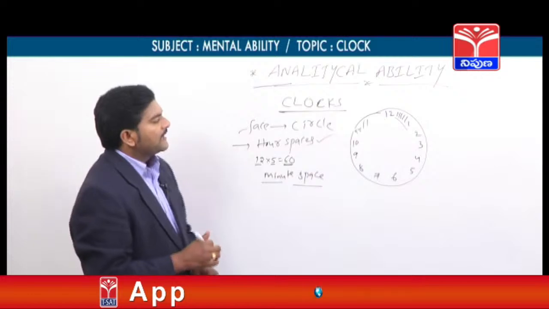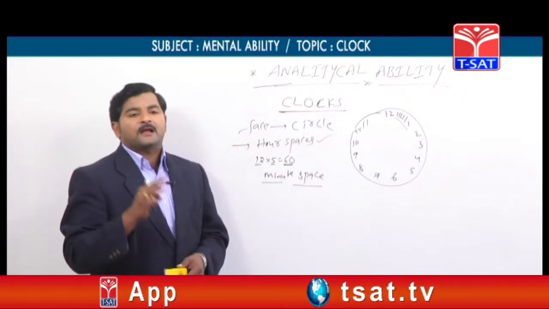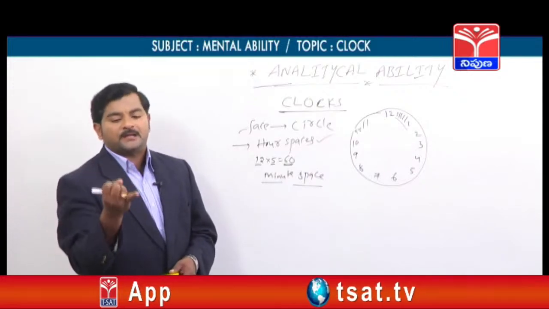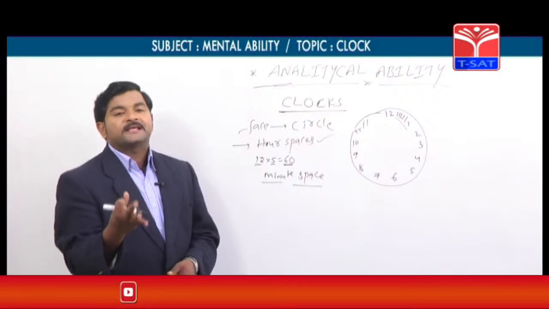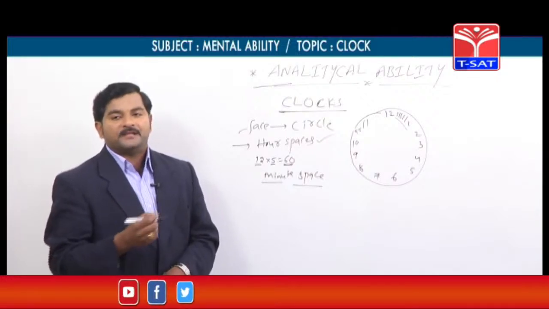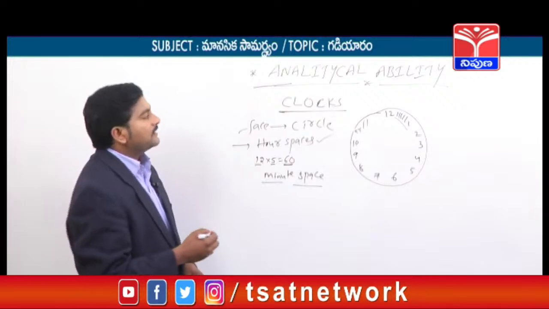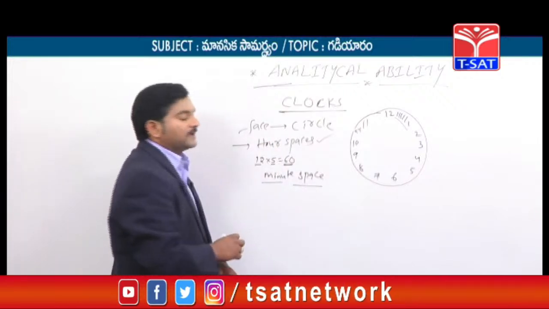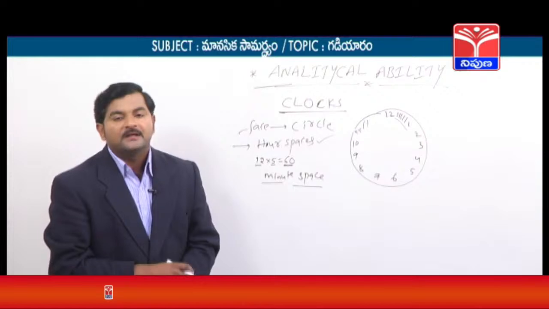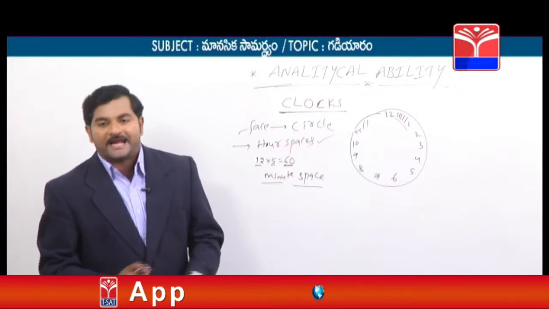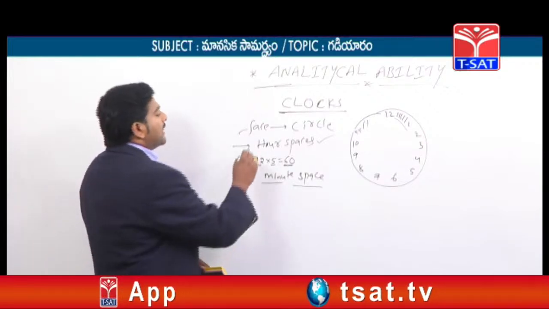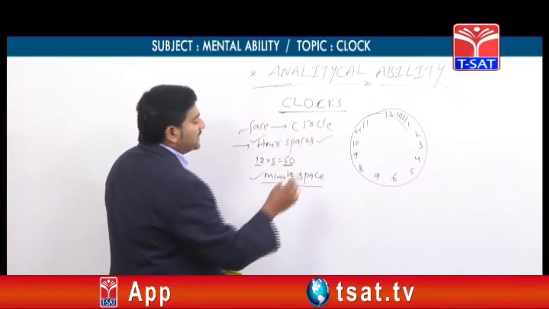So usually everybody will see that in a clock there are 3 hands. గంటల ముళ్ళు అంటాం, నిమిషాల ముళ్ళు అంటాం, సెకండ్ల ముళ్ళు అంటాం: hours, minutes and seconds. But when it comes to our reasoning part, our competitive examination part, we don't discuss seconds. We will focus on only the hours hand as well as the minutes hand.